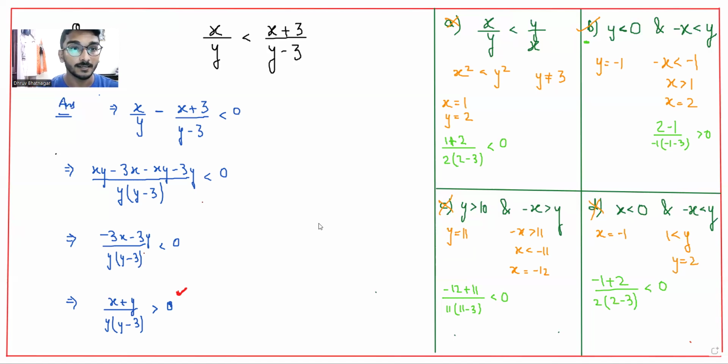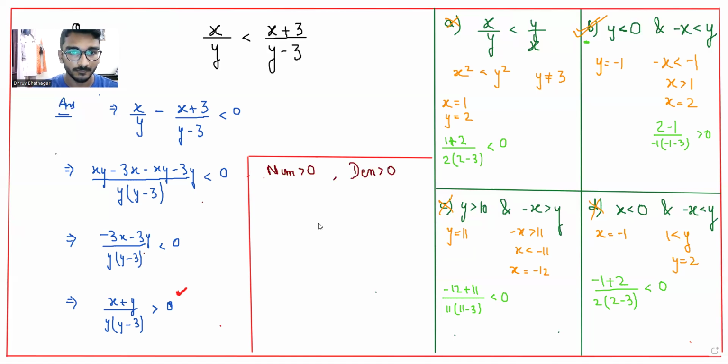But what is the fundamental here? Let's learn that. I have to make this whole thing positive, meaning the numerator is positive and the denominator is positive. If the numerator is positive and the denominator is positive, then the whole fraction is a positive quantity. So how can I make the denominator positive? My denominator is y times y minus 3. I have to make it positive. So it is a quadratic, and the roots are 0 and 3.